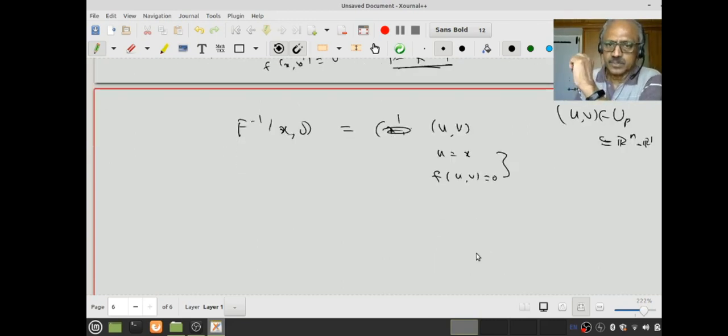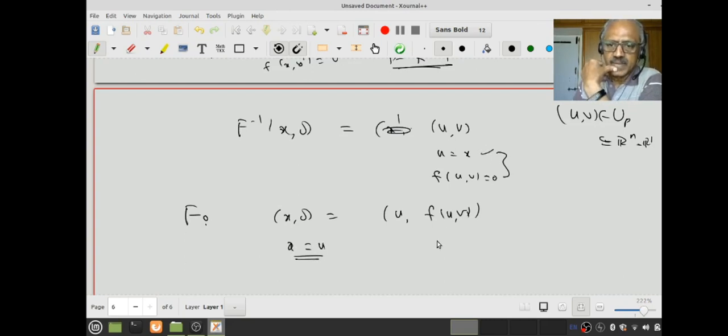Therefore, if I apply F to both sides, what do I get? I get (x, 0) on one side, and on the other, (u, f(u, v)). So these two vectors are the same. That means x must be equal to u, and f(u, v) must be 0.